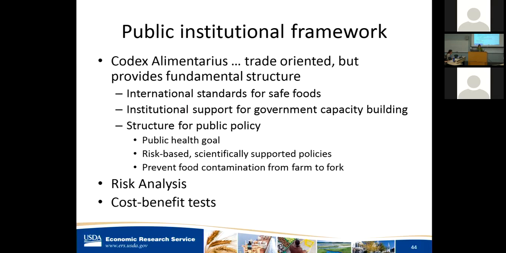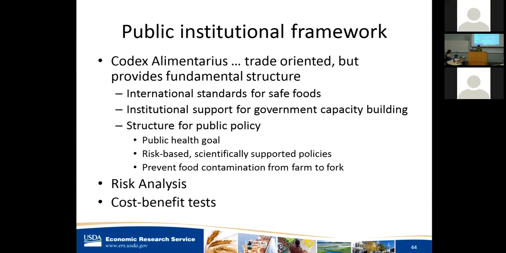So how can this work be used? One of the things that Codex Alimentarius has done is develop global consensus about how we manage foodborne disease. Part of what's come out of that is to think about how you manage a risk, using risk analysis and various risk management processes to push risk reduction.